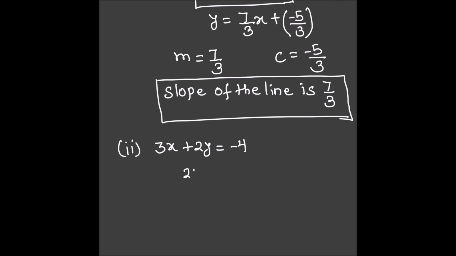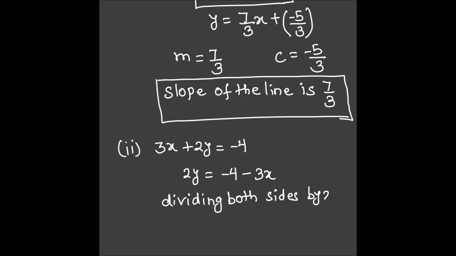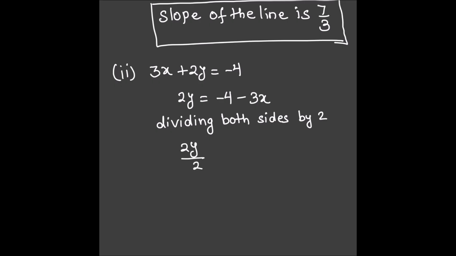So this will be 2y equals minus 4 minus 3x. We need only y on the left hand side, so dividing both sides by 2. Two y upon 2 equals negative 4 upon 2 minus 3x upon 2.